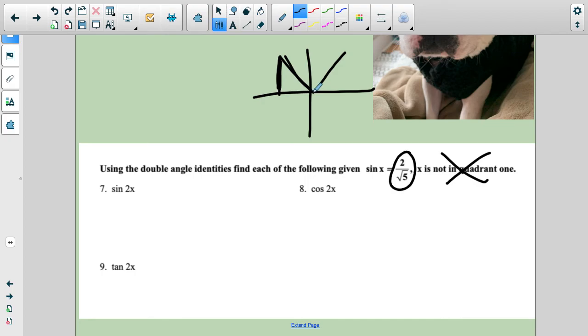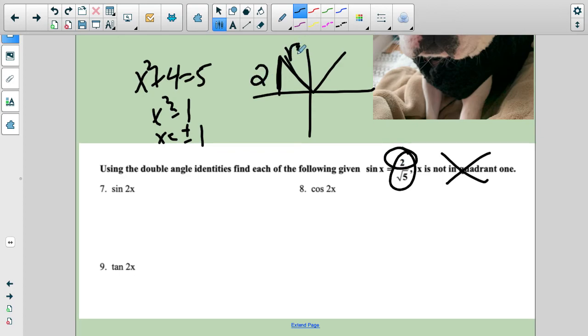When I do the Pythagorean theorem, x squared plus y squared equals r squared, I get x squared is 1, so I have to decide if it's plus or minus 1. I can see in this picture, here's the missing side. Opposite is 2, hypotenuse is root 5, and I know x is 1, but I need to put in negative 1. And then you fill them in.